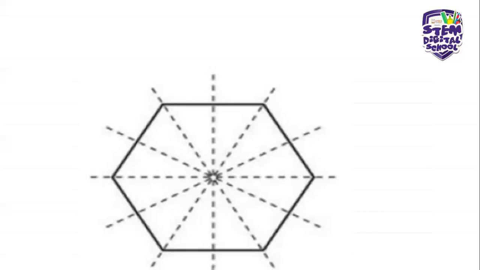And of course, we call this the line of symmetry. So I've given you several examples where I've shown you only one line of symmetry. And of course, I've now given you an example which consists of more than one line of symmetry.